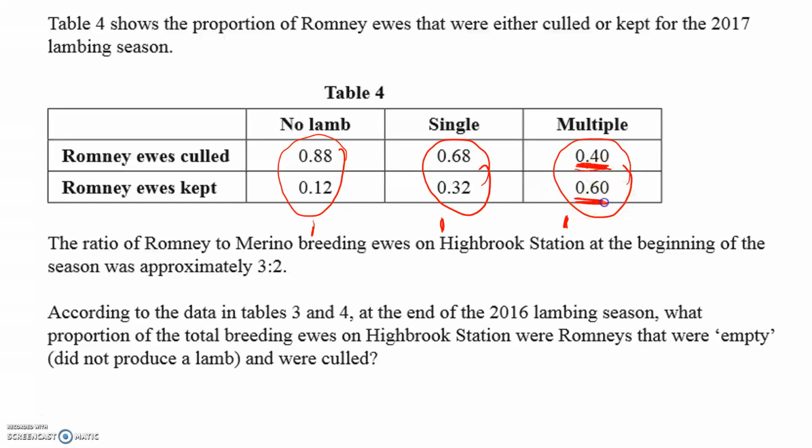A lot of those were kept for a second year of breeding. Now, we're told in here that the ratio of merino to Romney at the start of the year was 3:2. So Romney made up 3 out of every 5 sheep. So 60% of the farm were Romney.